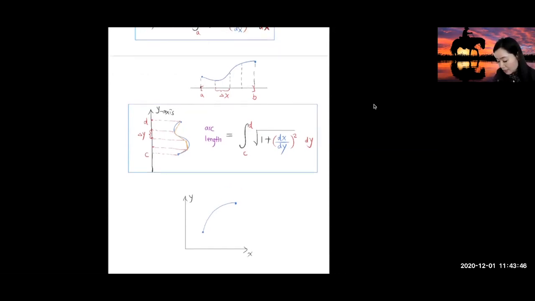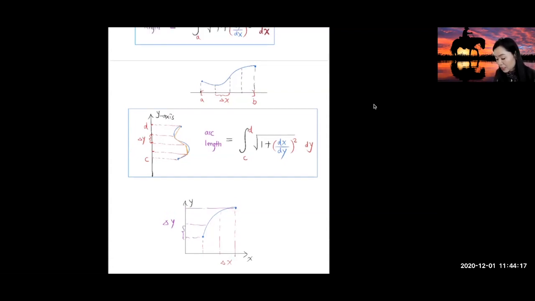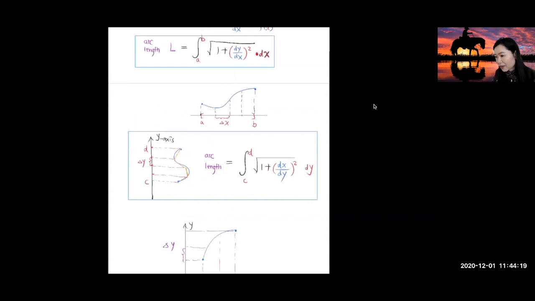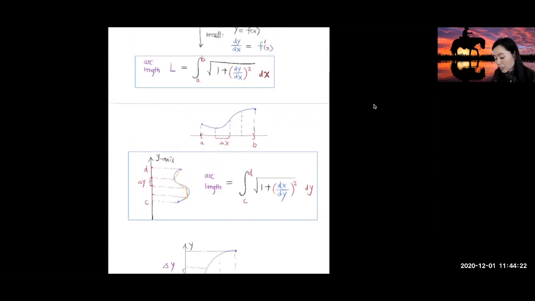Because you can slice it this way, then you have this delta x, right? And then you can also slice it the other way, and then there will be delta y. So you can do it either way. If the arc is like this, then you use either this formula or this formula to find the arc length, depending on which one is easier to find.